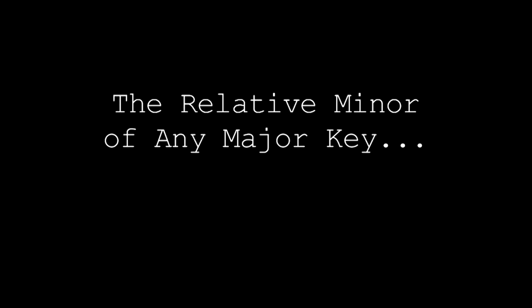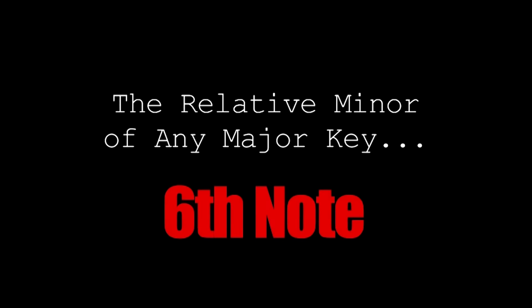Okay, luckily for us, this is very easy to do. To work out the relative minor of any major key, all we have to do is find the sixth note. And it's that simple. So let's give it a try.